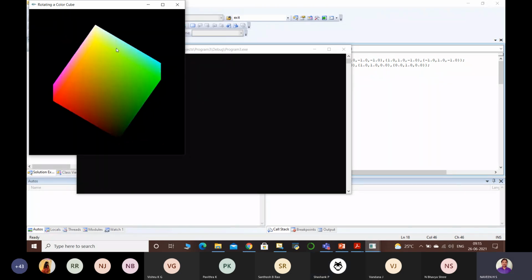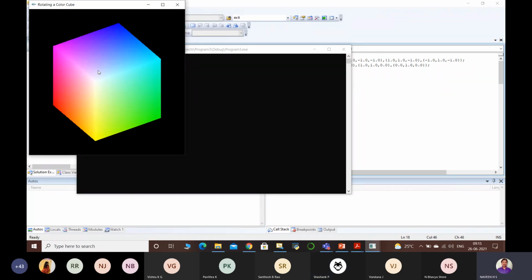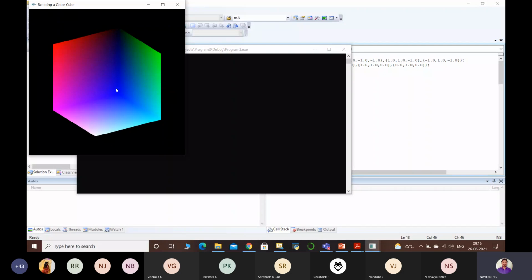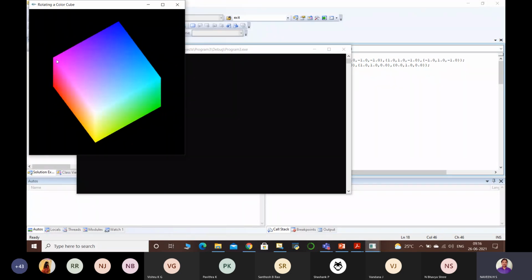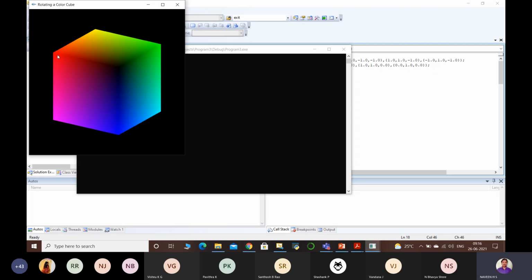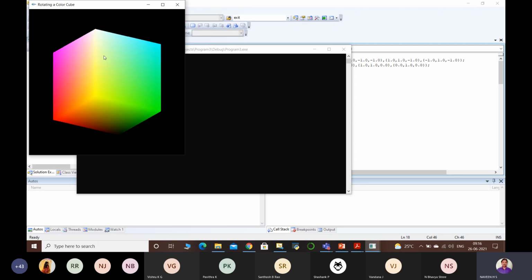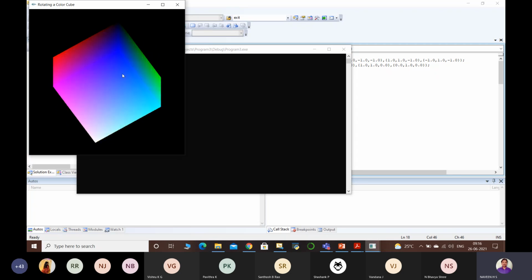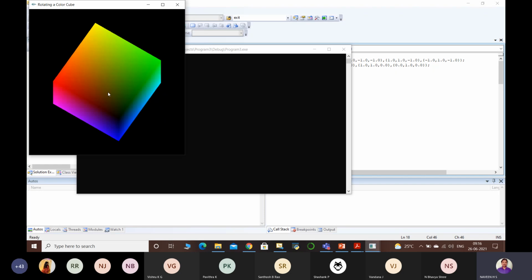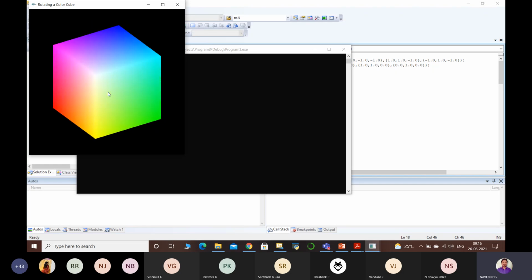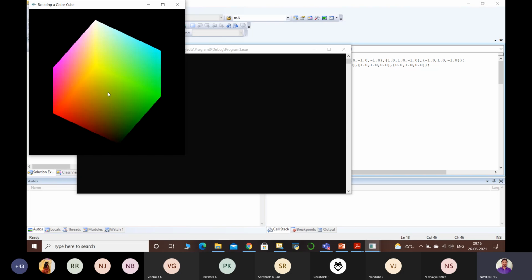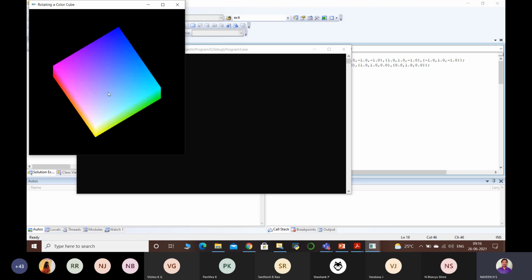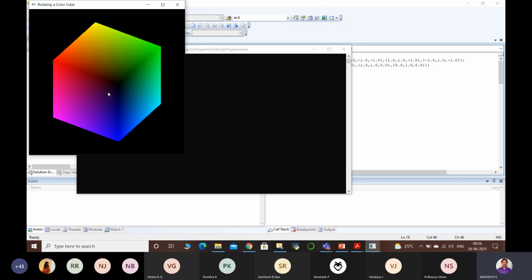Yes, sir. And I said the vertices values, color values we assumed, right? See, look at this. This vertex is blue, and here yellow, white, this pink, red, green, yellow. Like this, we have different colors. While coming inside your viewing volume, the brightness is reduced a little as you move inside your cube.